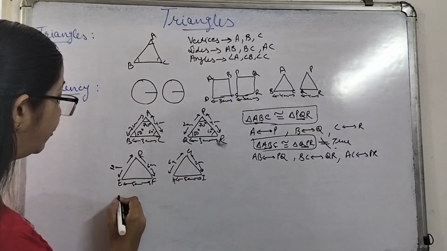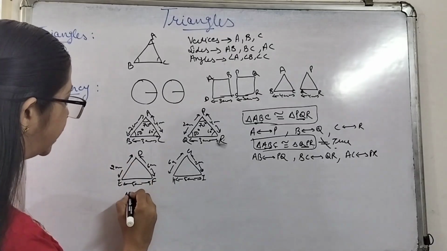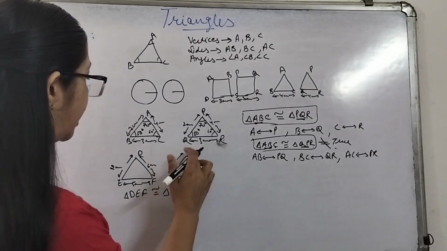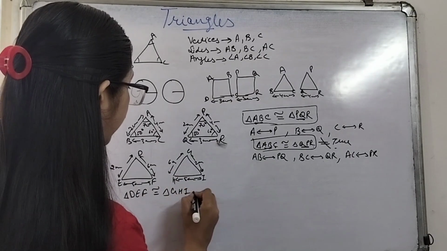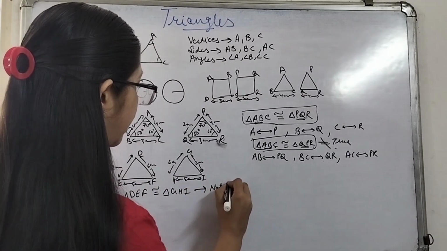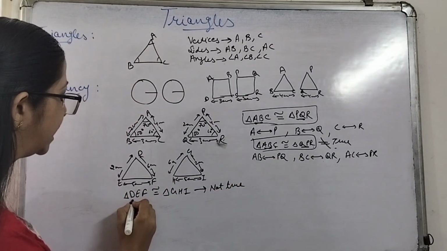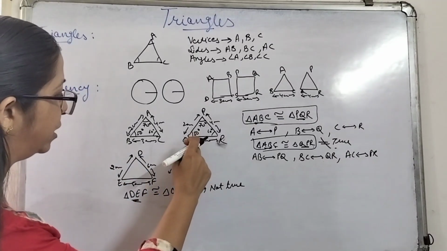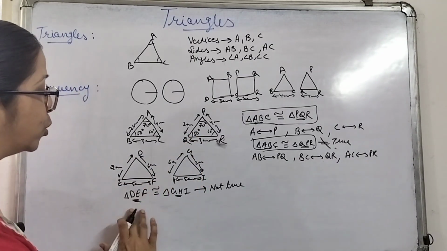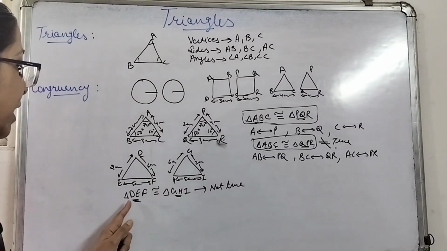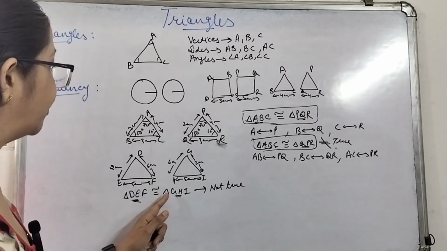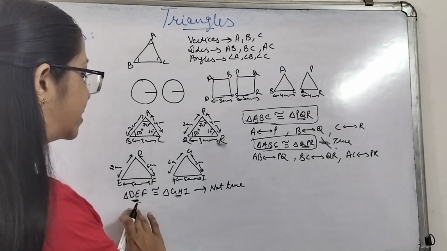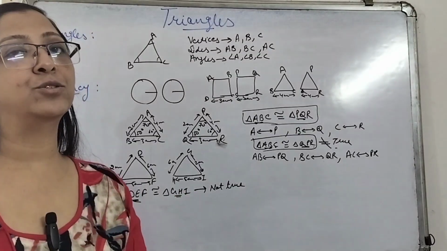So we won't be writing that triangle DEF is congruent to triangle GHI. It is not correct, because see DE is 2 and GH is 6. So it is not corresponding. D is not corresponding to this part. DE is not overlapping GH. That's the reason it is not the way we are going to write it.